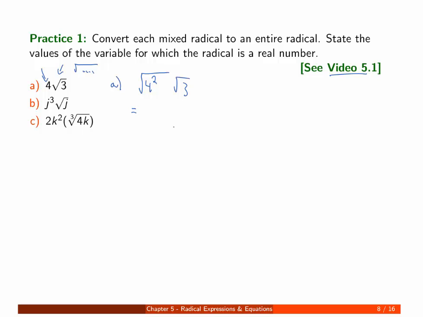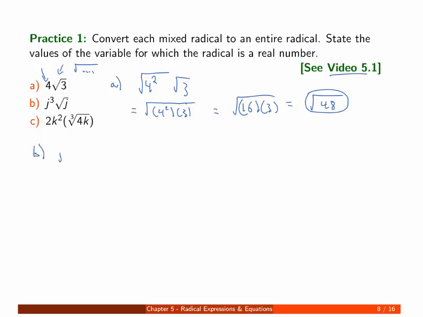That's completely legal, but this allows me to write everything underneath one symbol. These two are equal. 4 squared is 16, so this is 16 times 3. 16 times 3 is 48. So this is square root 48. Square root 48 is equal to 4 root 3. These are the same expression.